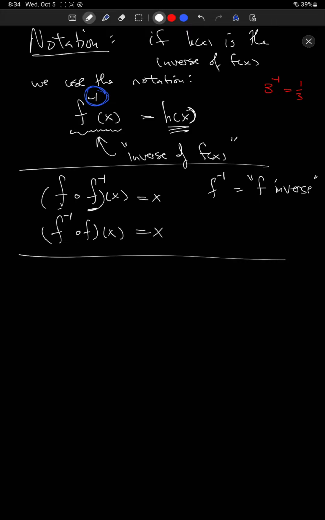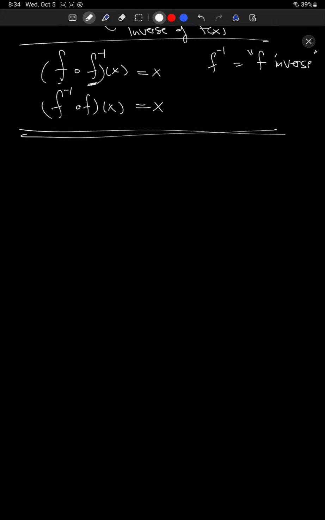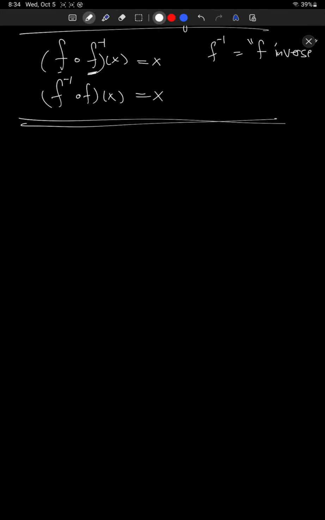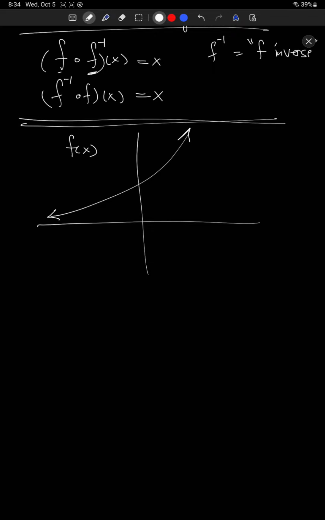Okay, so a couple aspects of the inverse that are really important. First of all, now that we're working with complicated functions, complicated functions have complicated graphs. Let me look at a function f of x, and let me say its graph looks something like that. So this guy has an inverse.